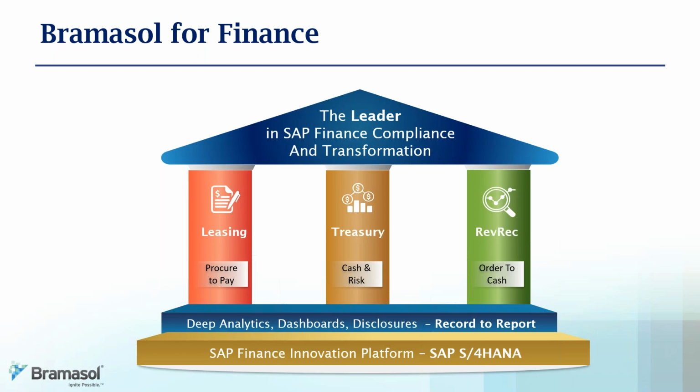And I'm really excited because S/4HANA brings such a tremendous benefit to customers who are looking at leasing, RevRec, and Treasury. And of course, as a reminder, while leasing has been our focus, it's really all about the procure-to-pay process, and that's what we do. We are experts in procure-to-pay, order to cash, and then the cash and risk and all of the Treasury components, including things like record to report.